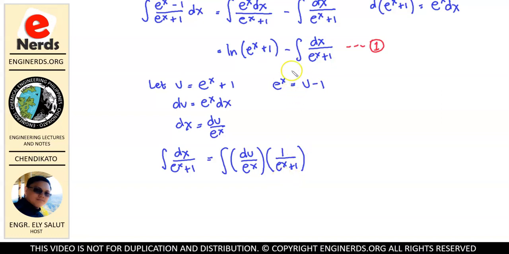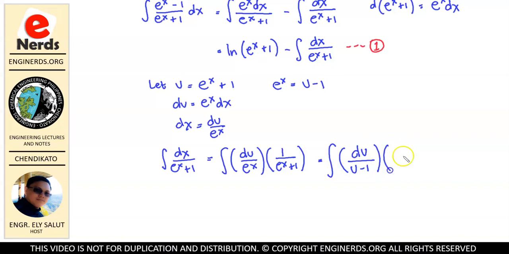But we have this value right here. Kasi meron tayong du, express din natin itong mga x natin as u. Substitute natin yung u minus 1 sa lahat ng e to the x natin. So, that means in this case, we have the integral of du over e to the x, and our e to the x is equal to u minus 1.